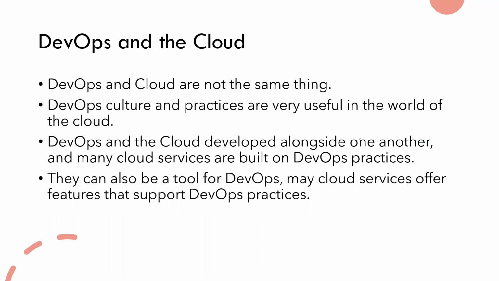Now if anyone does not know what cloud is, just for your understanding, I'll tell you in layman terms. Just understand that cloud means you are using someone else's computer. Anything deployed in the cloud means you are using someone else's computer.